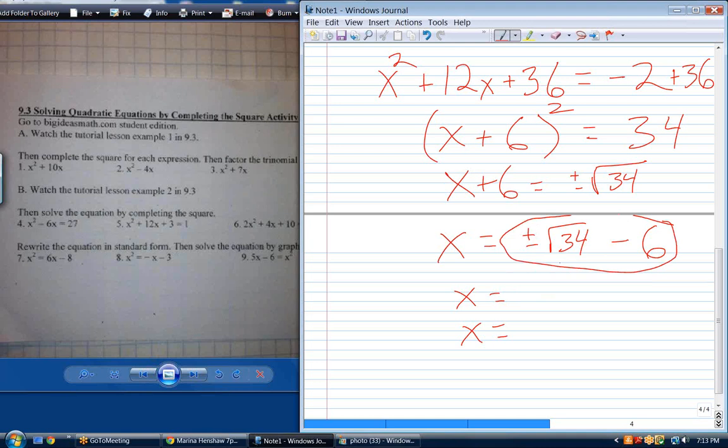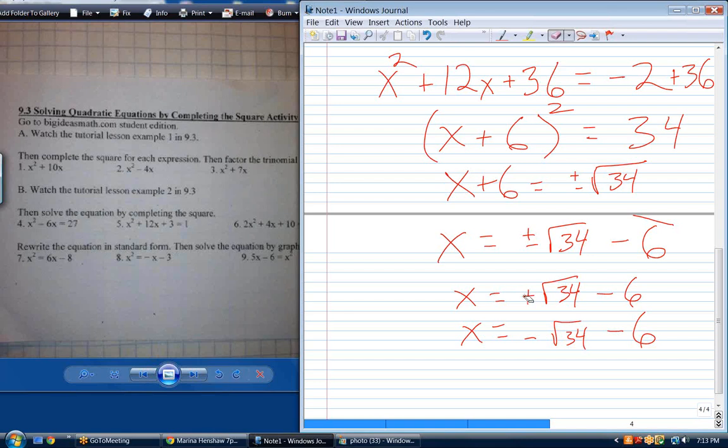If I want the specific two solutions, then I've got to do one using the plus square root and the other using the minus square root. So in other words, plus square root of 34 minus 6 is one solution, minus square root of 34 minus 6 is the second solution.